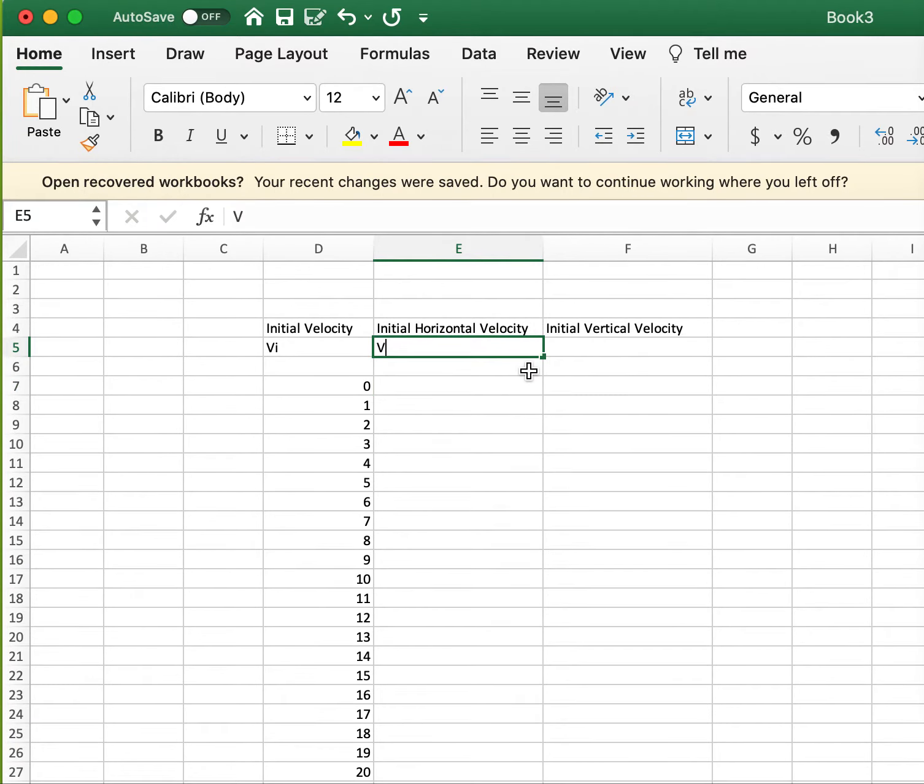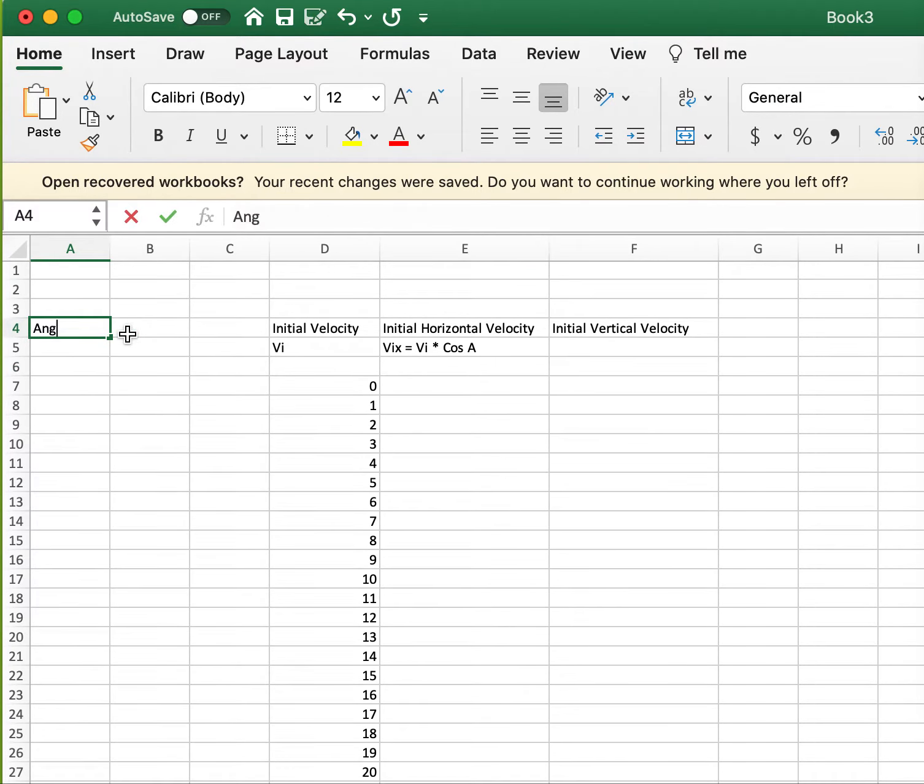Okay, so we want VIX equals VI times cosine of an angle A. My angle for the problem was 30 degrees. Alright, maybe I'll move that down, put that there.